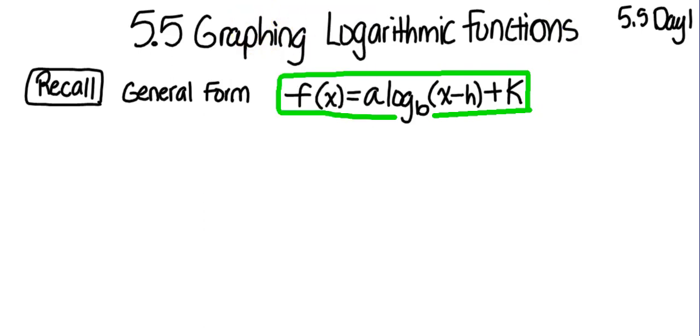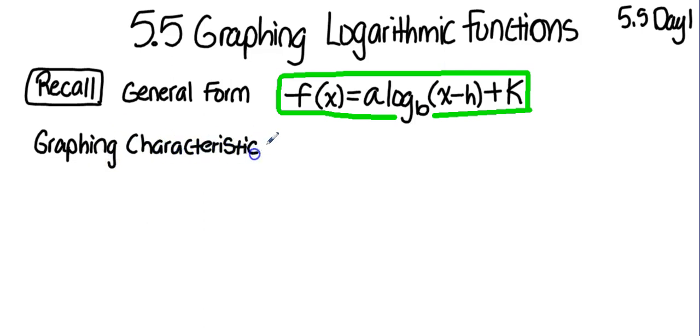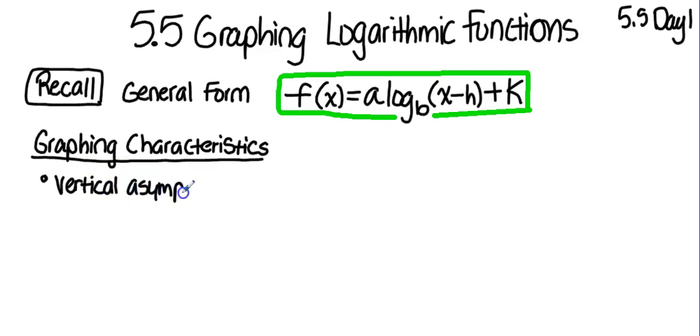Let's first talk about graphing characteristics. First of all, as we discussed, all logarithm functions have a vertical asymptote, but now we can actually be a little more specific about where that is. So the vertical asymptote is going to be at x equals h.